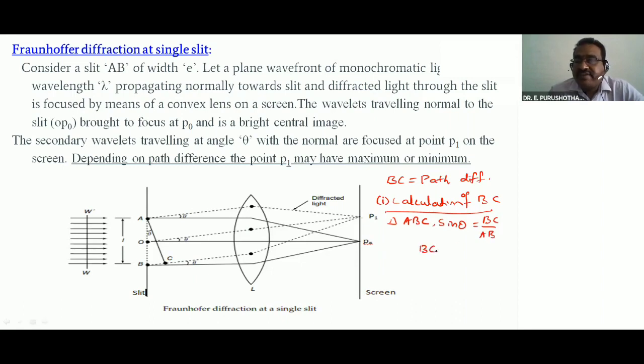From this relation, BC is equal to AB sine theta. What about this AB value? A to B, this is small e. So BC is equal to e sine theta. So path difference represented by delta. Delta is equal to e sine theta. This is equation number 1.